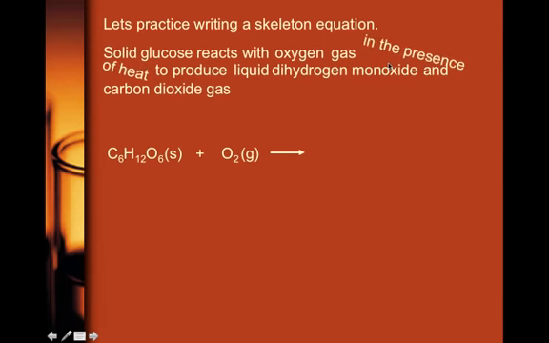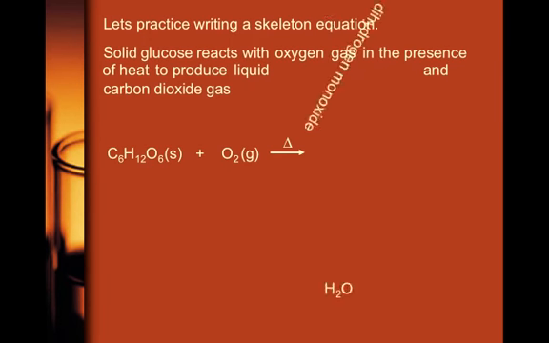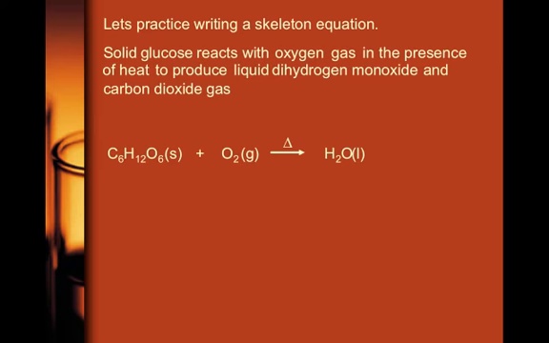The presence of heat will be symbolized by the triangle, and it's going to produce liquid dihydrogen monoxide. Dihydrogen monoxide is just water, in the liquid form. And we're going to produce carbon dioxide in the gaseous form. So that's a very descriptive chemical equation, telling you a lot of information.